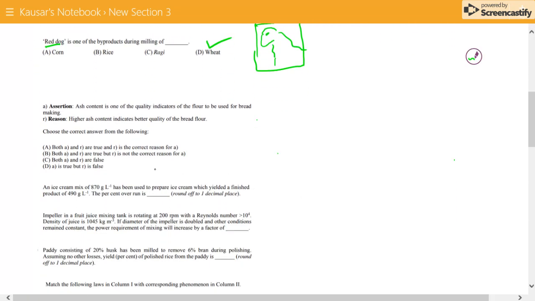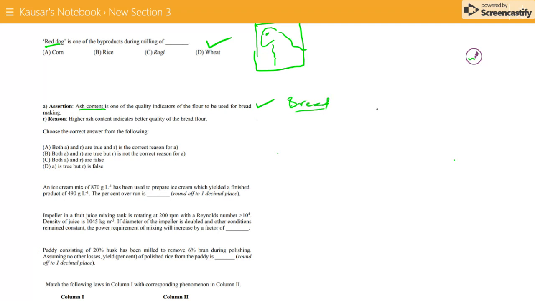Next question is assertion type, and the assertion is: ash content is one of the quality indicators of the flour to be used for bread making. This is absolutely right, because to produce bread we have to use flour having high protein, because in bread we have to make a network of gluten which needs high protein content.